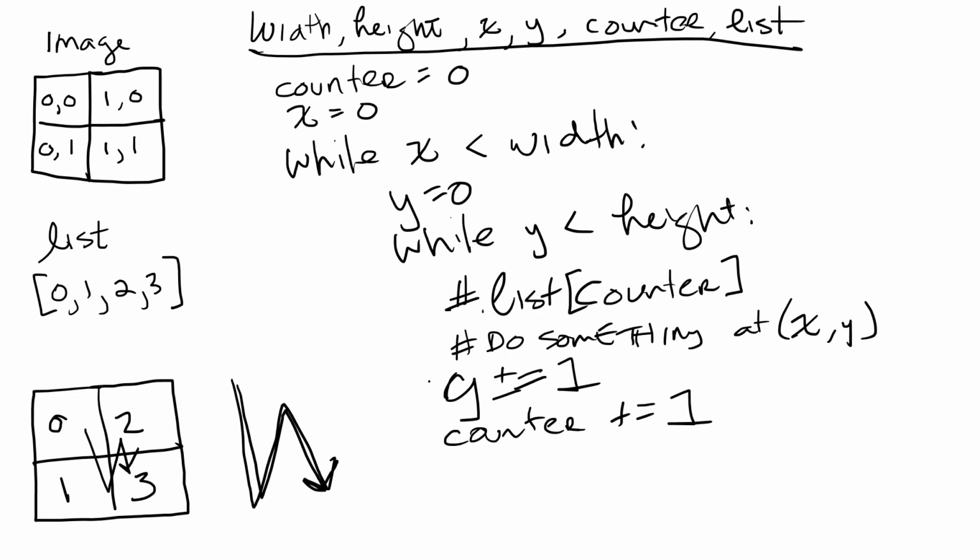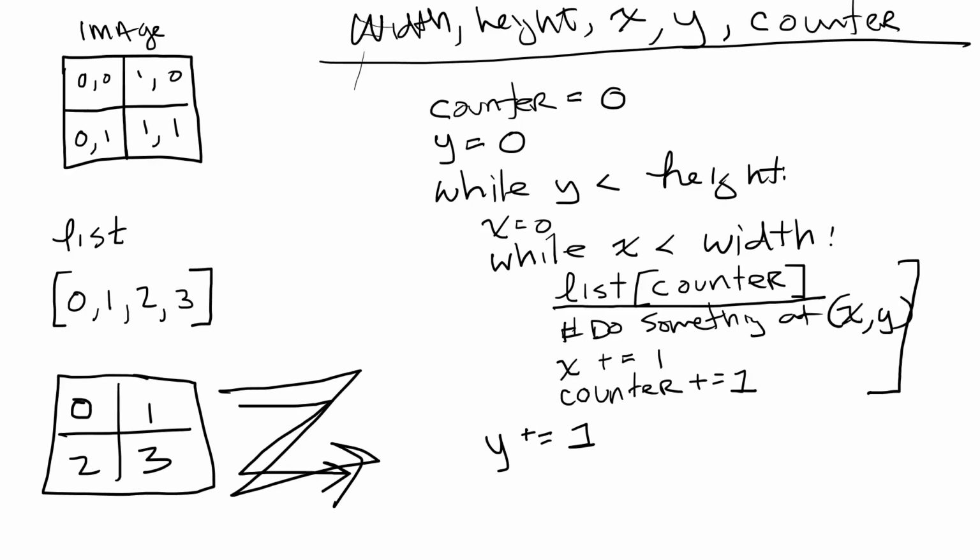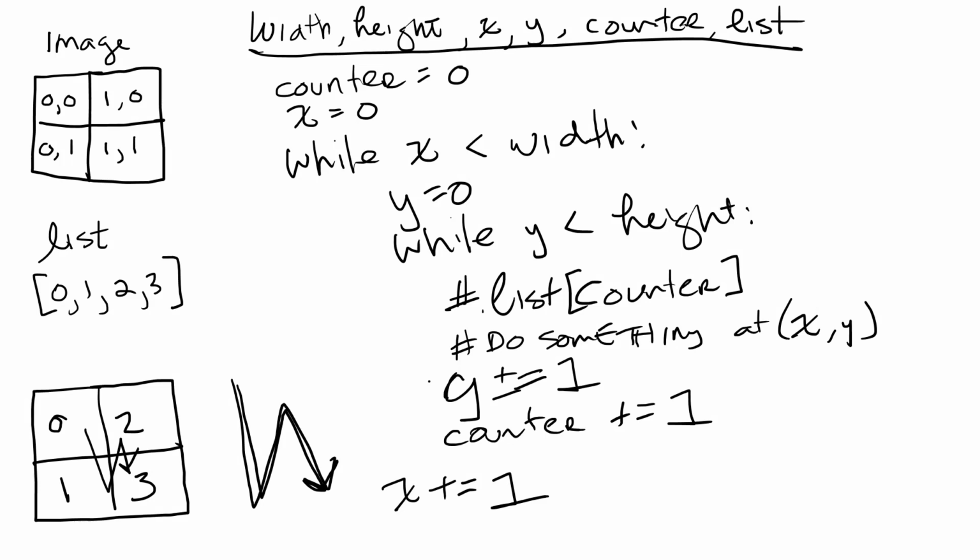And then when we jump out of this, this is where we increment x. X plus equals 1. So again, it's just the inversion of what we talked about before. We're applying the one-dimensional list to this two-dimensional image where you have positions at every x, y. And we do that through a two-dimensional array, but we have a one-dimensional counter outside of that array, which is only incremented when we have a specific x, y value.